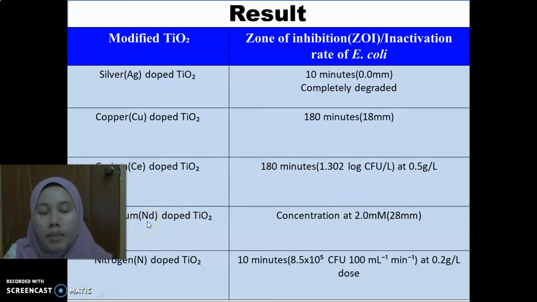The neodymium dope at a concentration of 2.0 millimolar shows a zone of inhibition of 28 mm, while the nitrogen dope TiO2 inactivation rate is 8.5 exponent 5 CFU at a concentration of 0.2 gram per liter at 10 minutes.